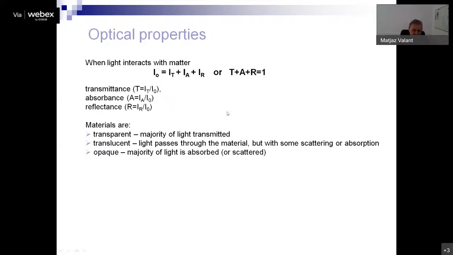With respect to the share of these particular terms, the materials can be transparent, so the majority of light is transmitted, or they can be translucent, when light passes through the material but some absorption or scattering within the material occurs, so not all light is transmitted. They can also be opaque, when the majority of light is absorbed or scattered and almost nothing is transmitted.